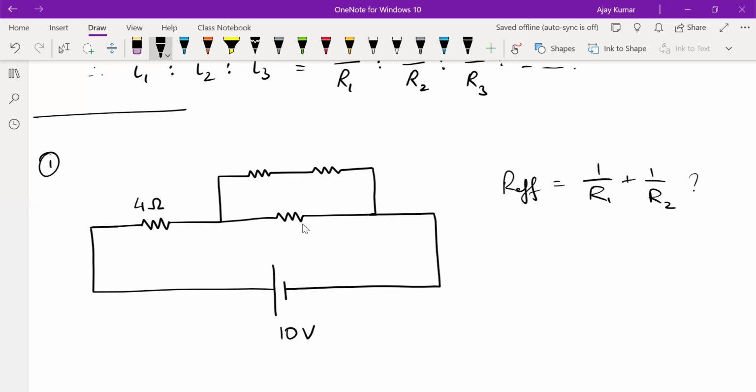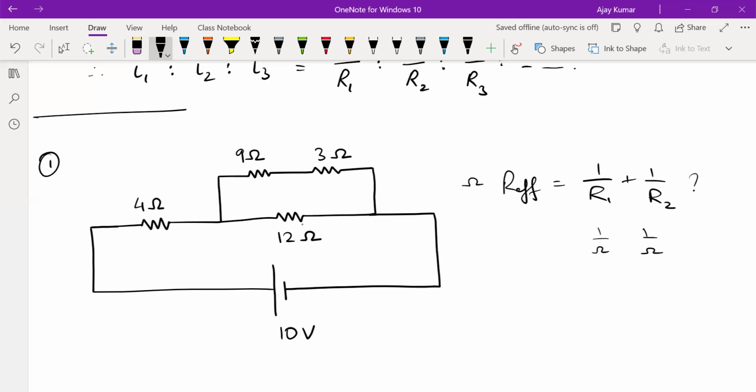No, that will be dimensionally wrong. Don't you think so? Because on the left hand side R is in the numerator, on the right hand side R values are in the denominator, 1 by ohm, 1 by ohm. How will the dimensions match?